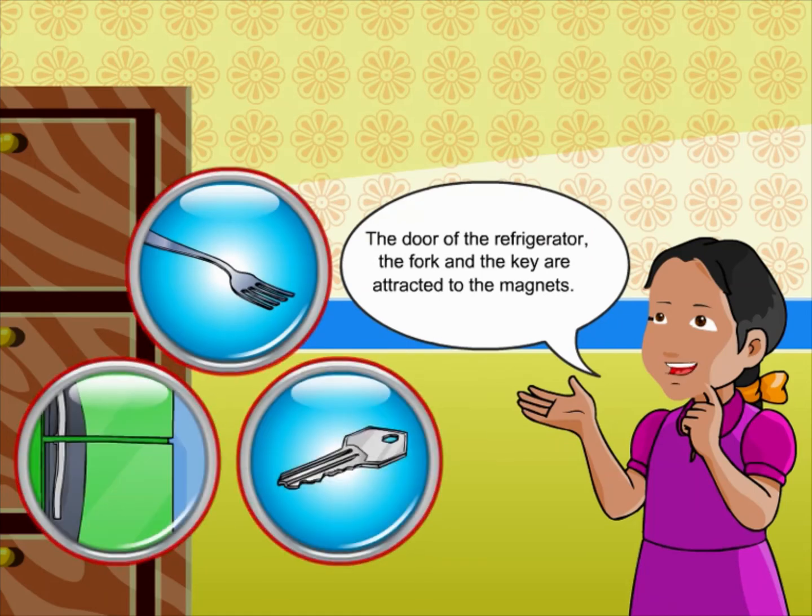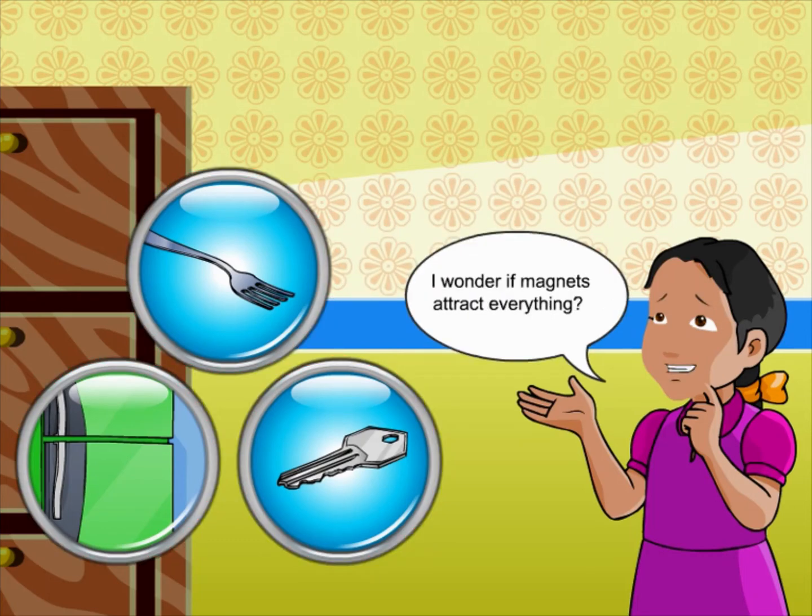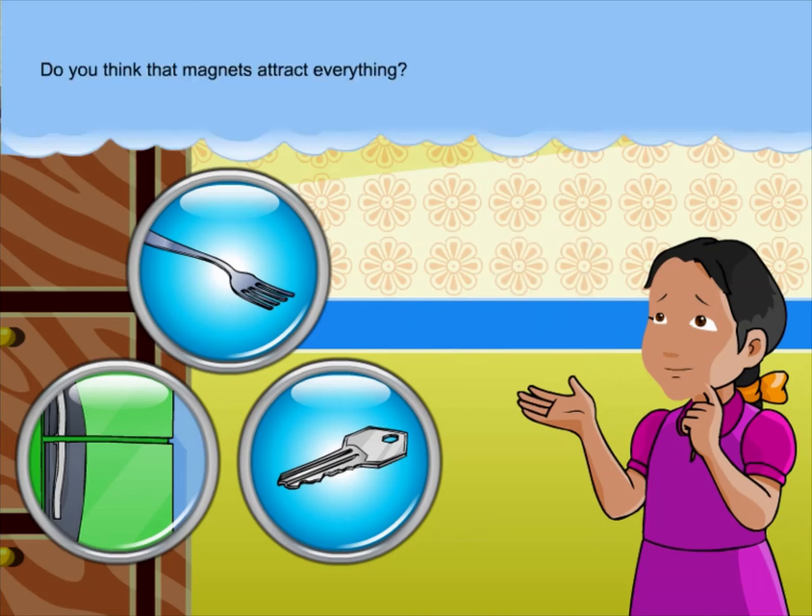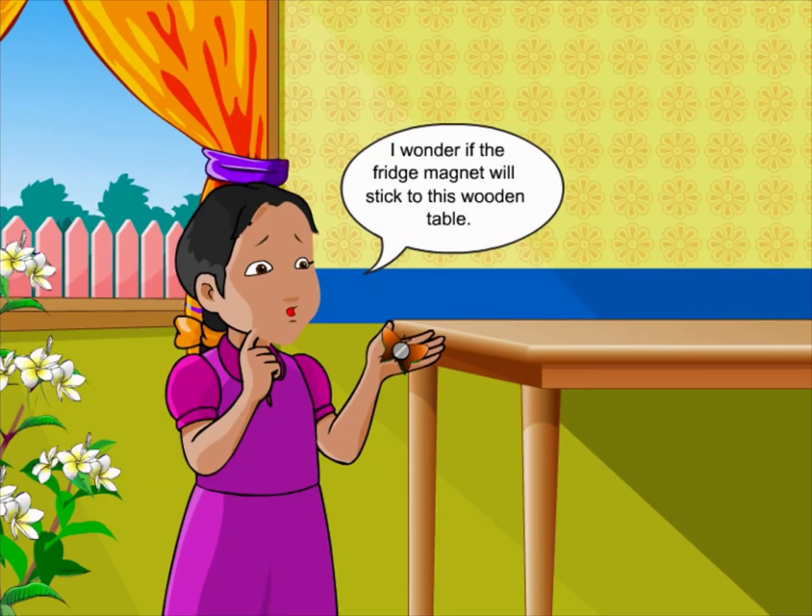The door of the refrigerator, the fork, and the key are attracted to the magnets. I wonder if magnets attract everything. Do you think that magnets attract everything? Let's find out. I wonder if the fridge magnet will stick to this wooden table.